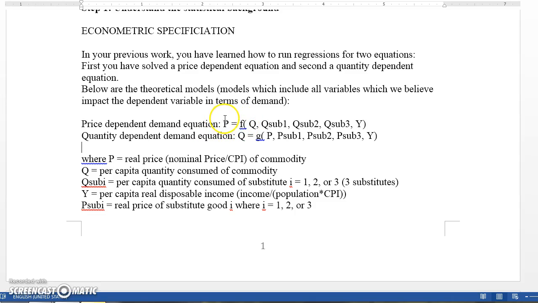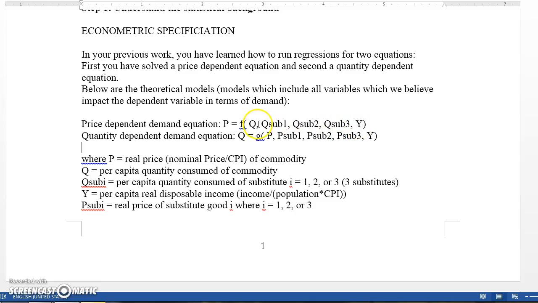So basically, on the left-hand side of this equation, we have the real price of your major commodity, and on the right-hand side, we include the per capita consumption of your major commodity, which is Q, per capita consumption of your close substitutable commodity number 1, number 2, number 3, and the real per capita income.